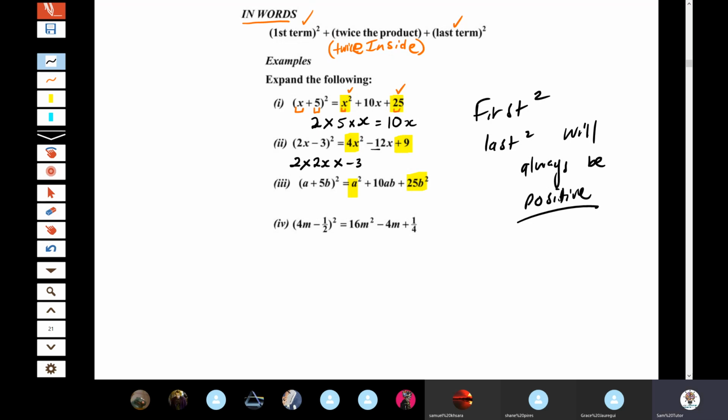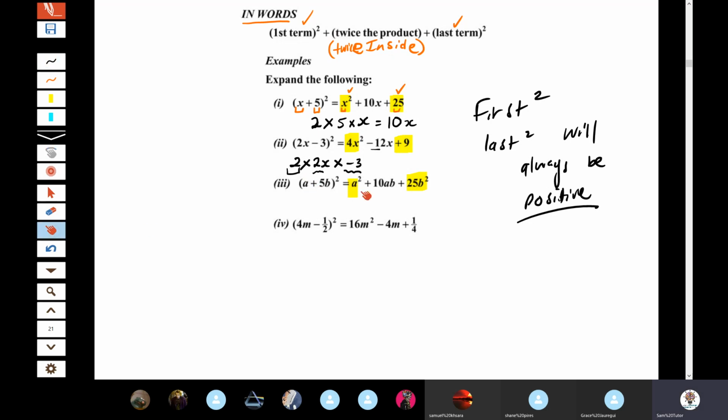Anyone not understand that example? First squared. Second one squared. 2 times the inside. That's the inside, and that's the inside. Everyone see that then? All right, let's try another one.